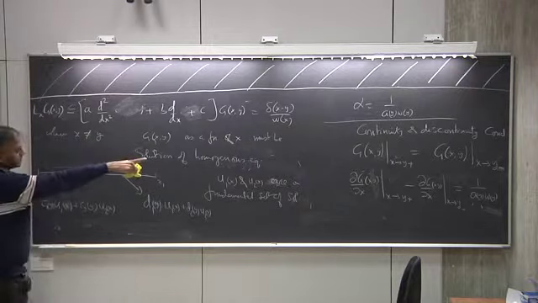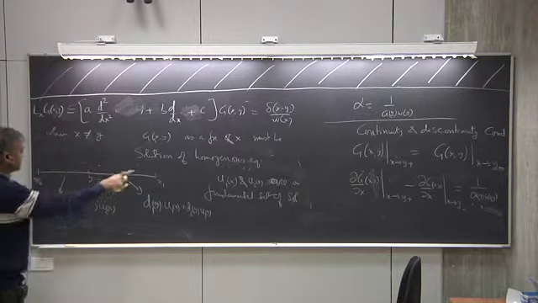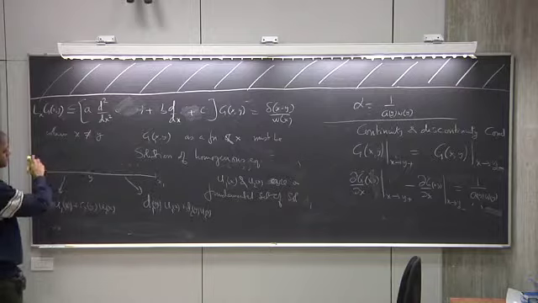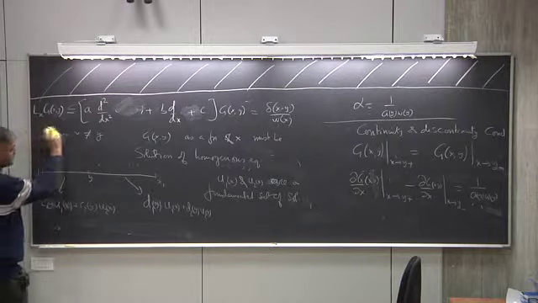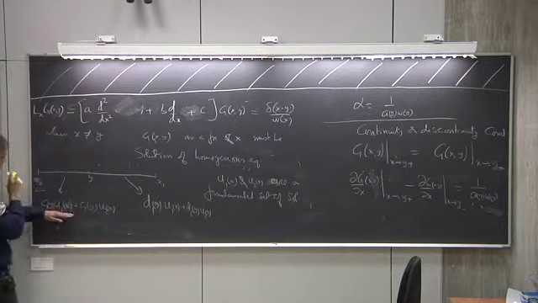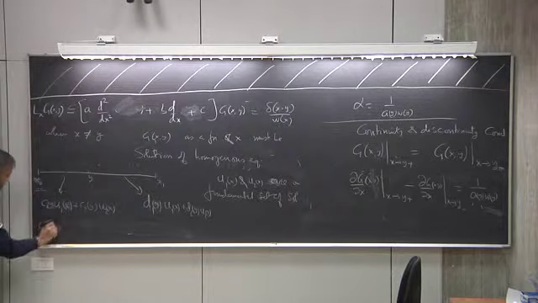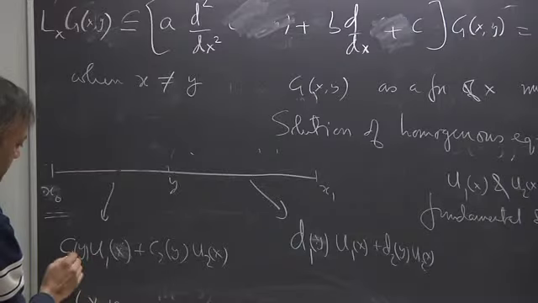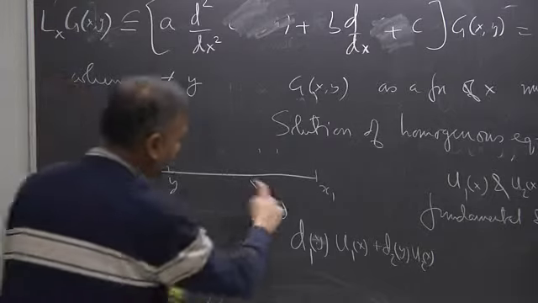Okay. So first let's analyze that, since it is written on the blackboard. I think I can erase this part, right? So g(x,y) I'm taking to be this in this region and that in this region.